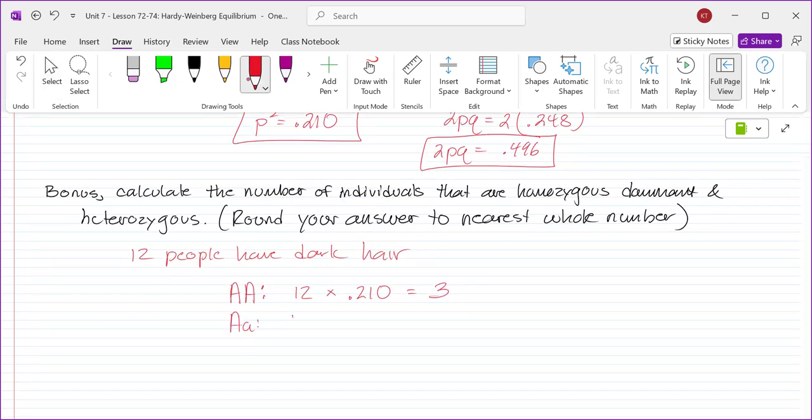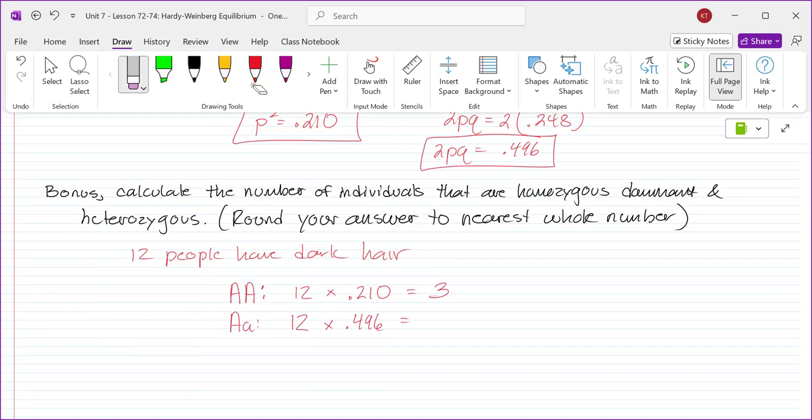And then for heterozygous, we have 12, which is the total number of dark-haired people, times what do we multiply this by? John, do you know? Why'd you choose 0.496, John? What does 2PQ represent? The number of heterozygous individuals. Okay. So I got, hold on a second.